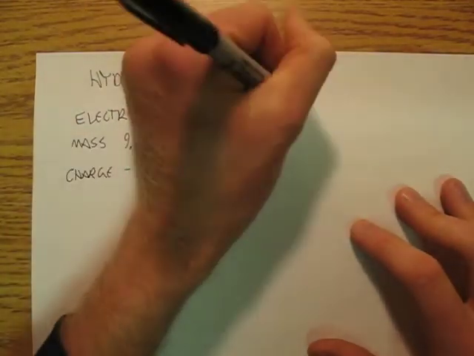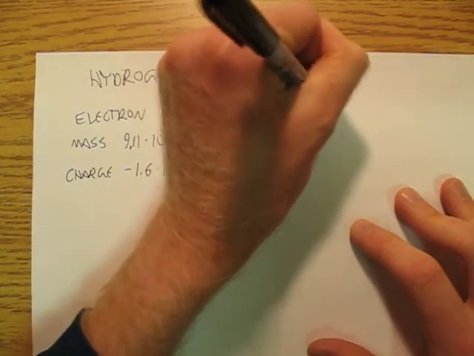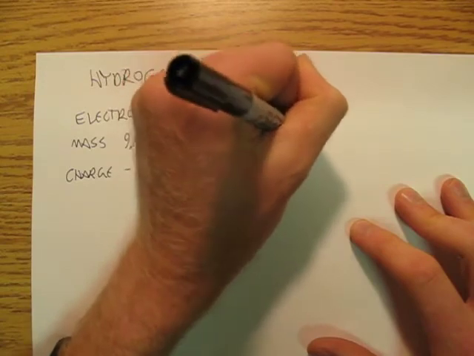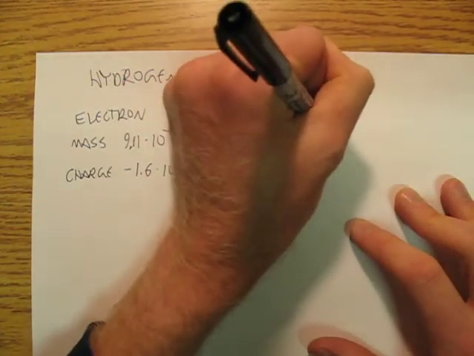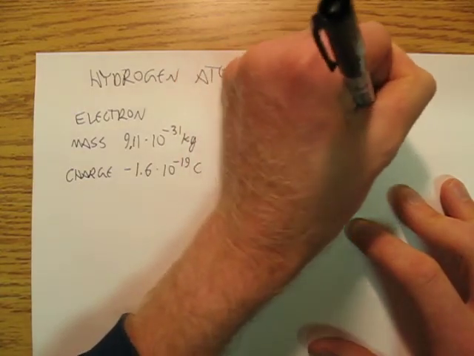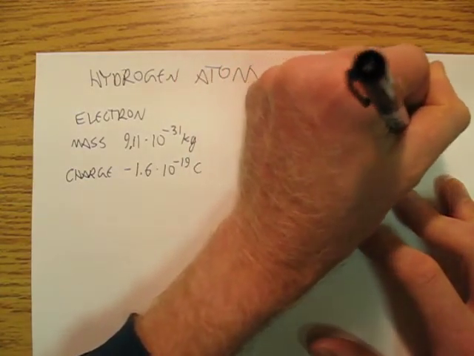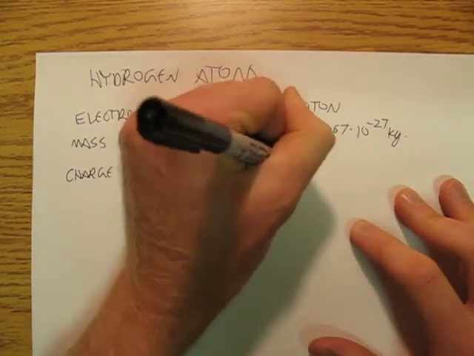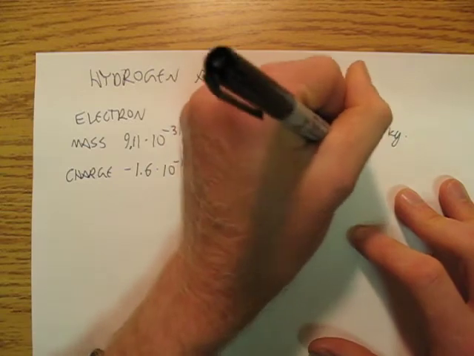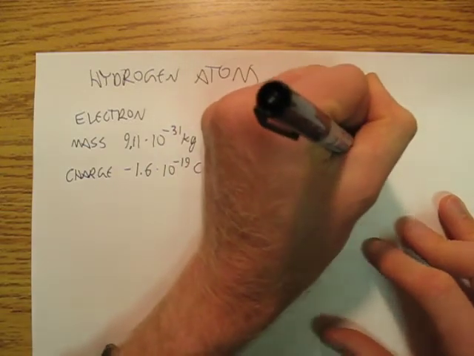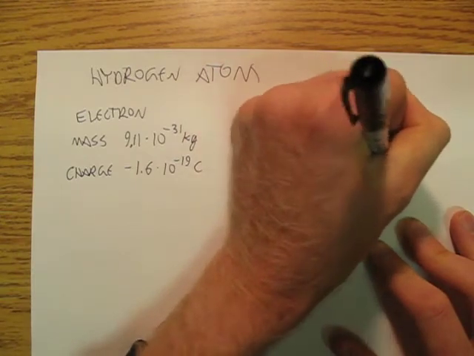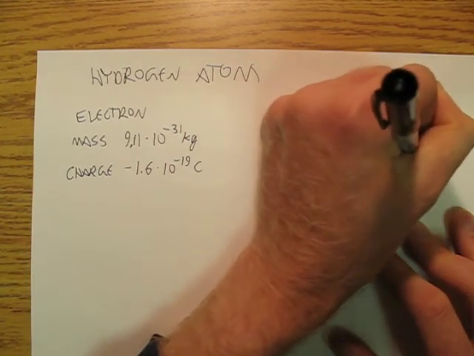And we're going to have a proton, and the proton's going to have a mass of 1.67 times 10 to the negative 27th kilograms, and it's going to have a charge of positive, same thing exactly, 1.6 times 10 to the negative 19th coulombs.